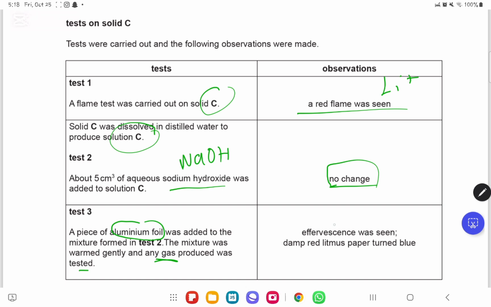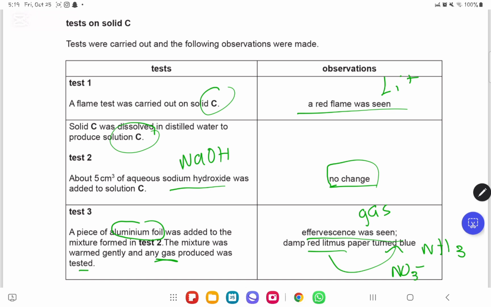What was seen? There was effervescence, which definitely means there's a gas, and it turned red litmus paper blue. Turning red litmus paper blue means the gas is NH3, and since they didn't say there was a pungent smell, the ion is NO3-.